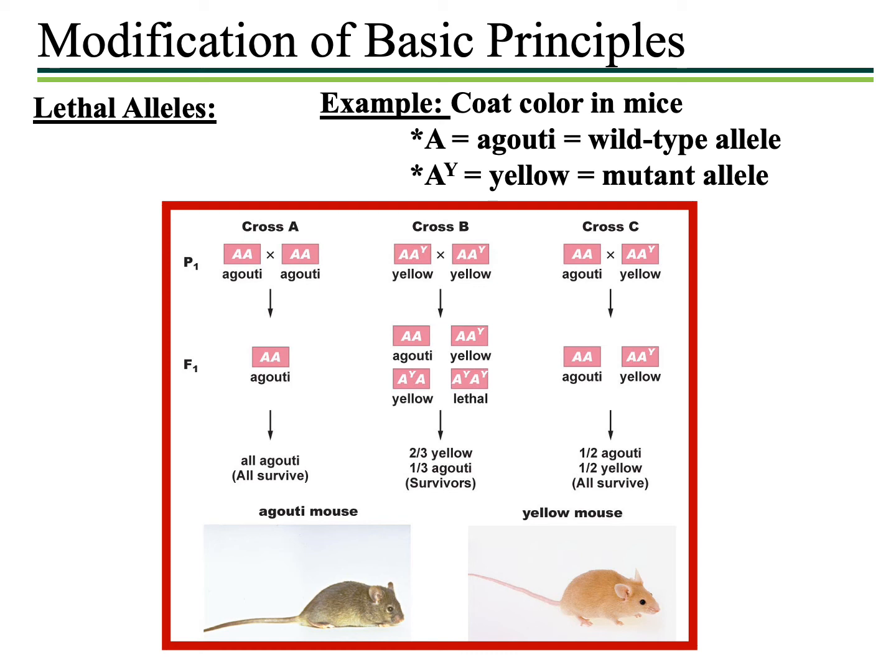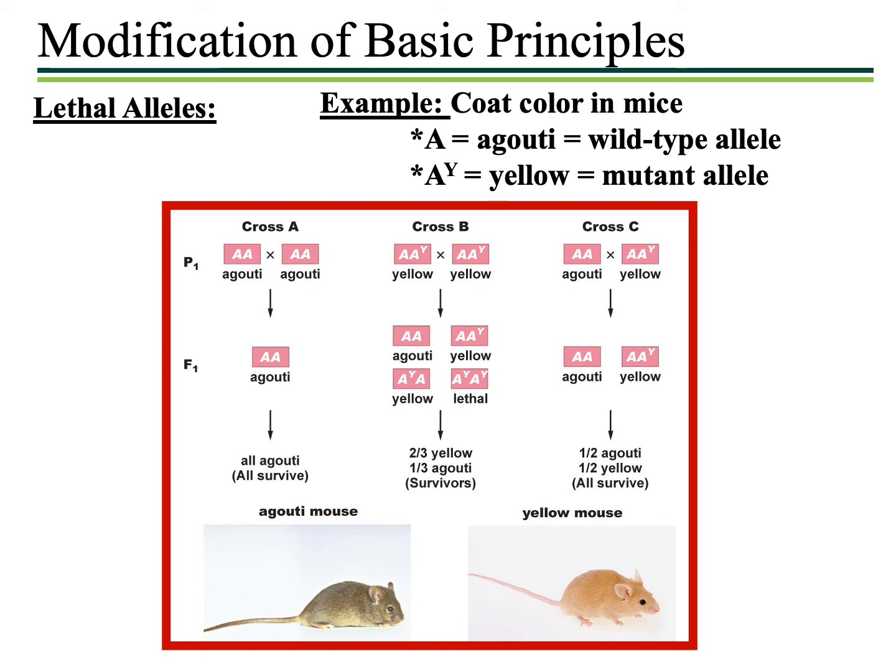And if you look at the bottom left-hand corner, you see what an agouti mouse looks like. They have basically banded or striped hairs, and they have this kind of brownish color associated with them. The second allele for coat color is indicated with the A and a superscript Y. In this case, this results in a yellow mouse, which is on the right-hand bottom corner.